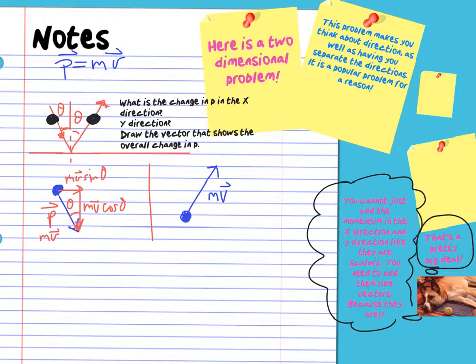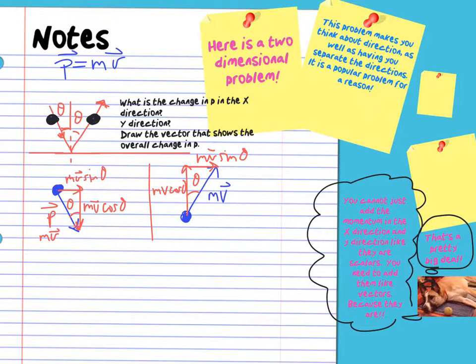These would be the x and y components, and this is theta. And so now this one is mv cosine theta, and this is mv sine theta.